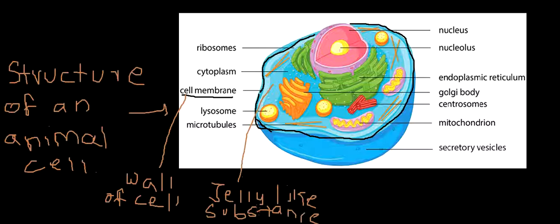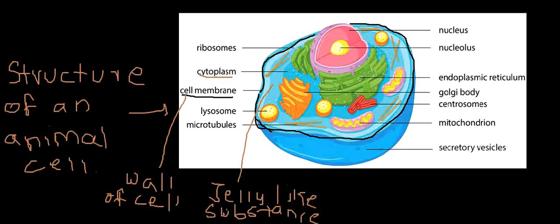So this is the jelly-like substance, and comparing it to the village of our cell, this will be the ground where everything is set up. So this is the cytoplasm.